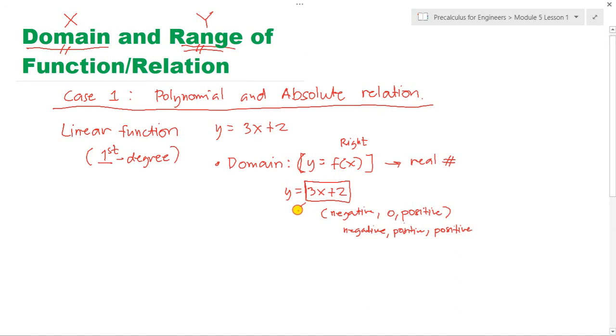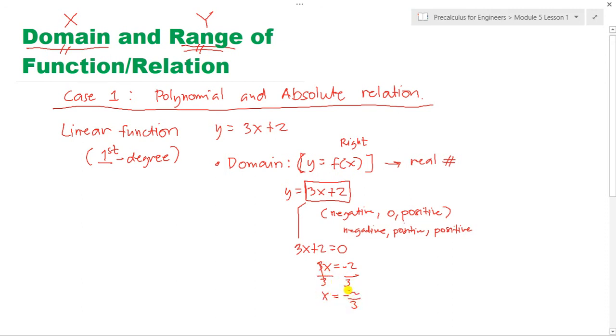There is. Because in mathematics, you can just equate this one, 3x plus 2 equals 0, and then solve for x. So we have here 3x is equals to negative 2, divided by 3, so you now have x is equals to negative 2/3.